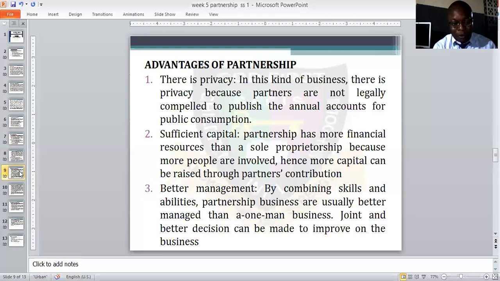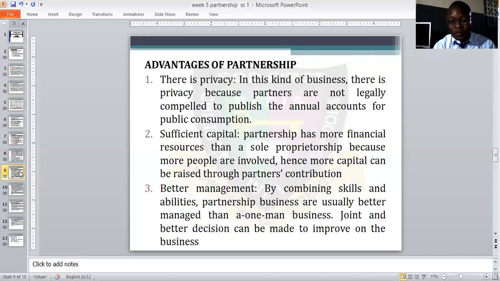So there will be better management, because they combine different skills, different knowledge, and different abilities. This is unlike a one man business, where only one person contributes his own decision.